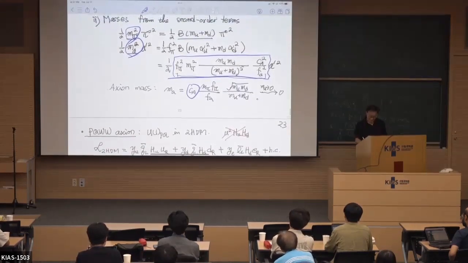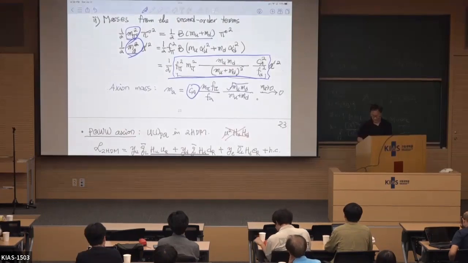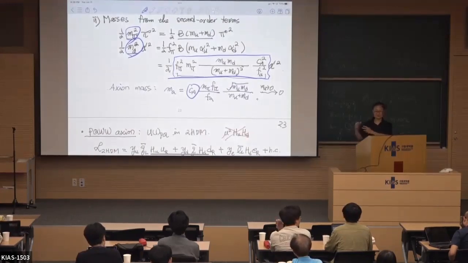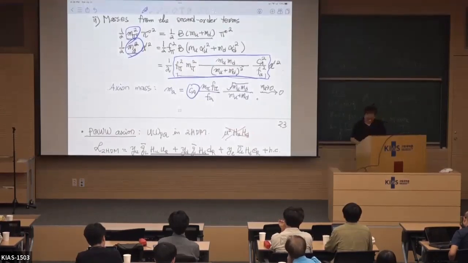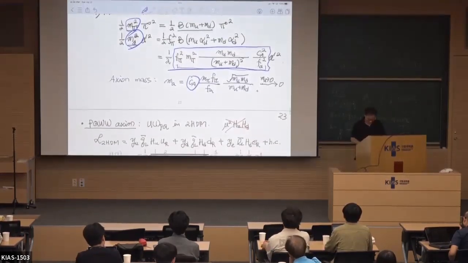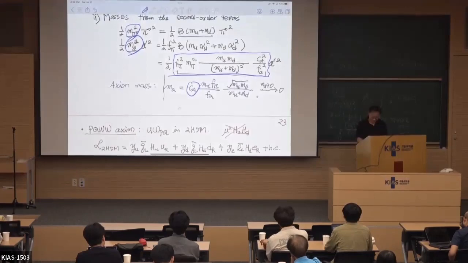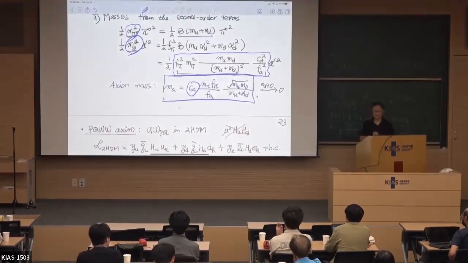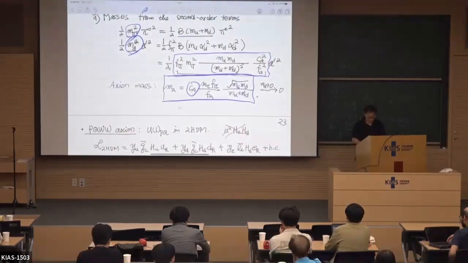So from this, you can also realize that if you take m_u to be 0, then the axion mass vanishes. So this also confirms that in the massless up-quark case, we can solve the strong CP problem. So yeah, this is one of the master formulas in axion physics.